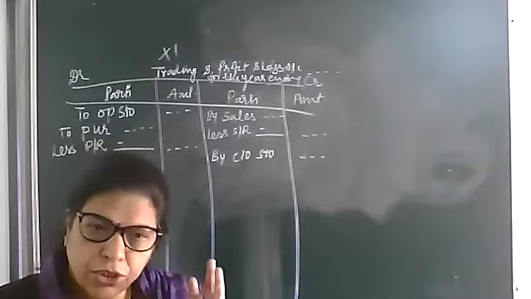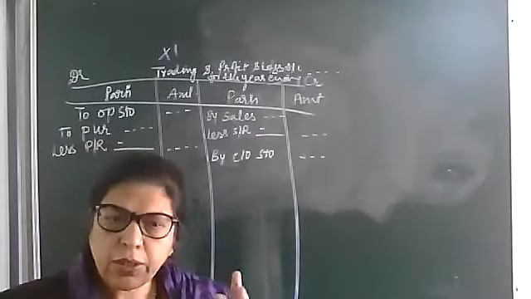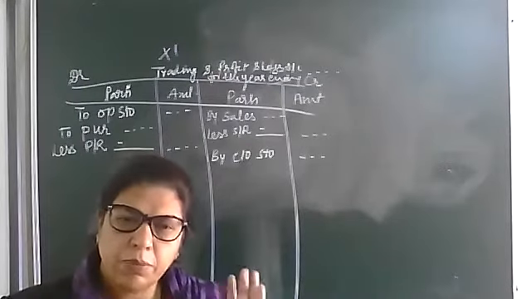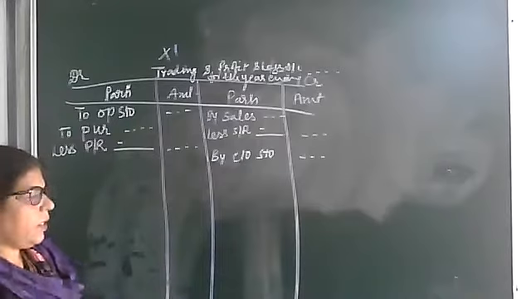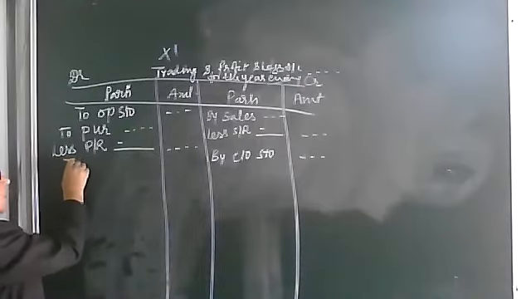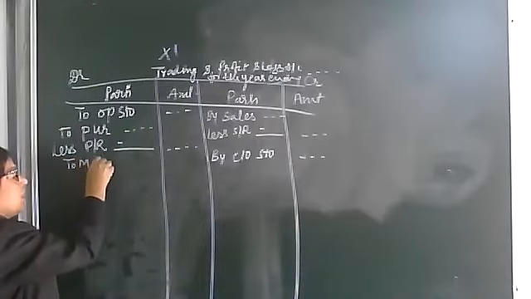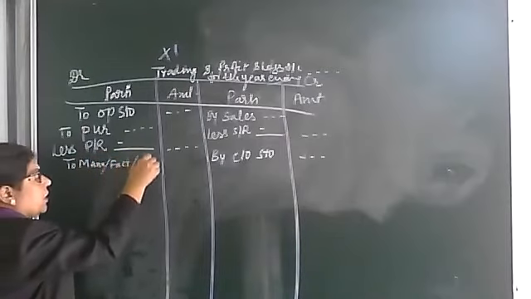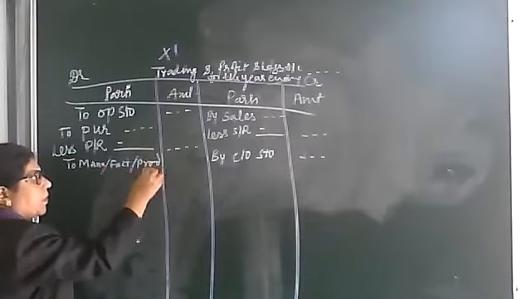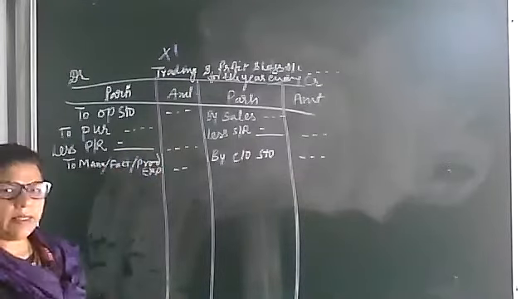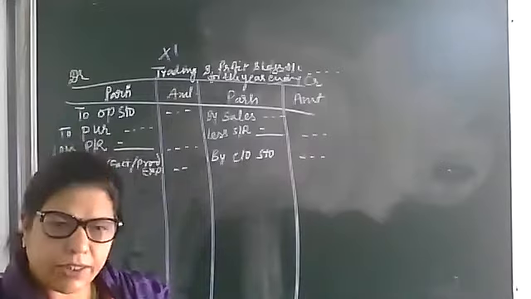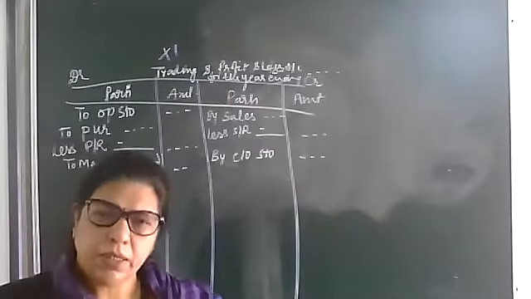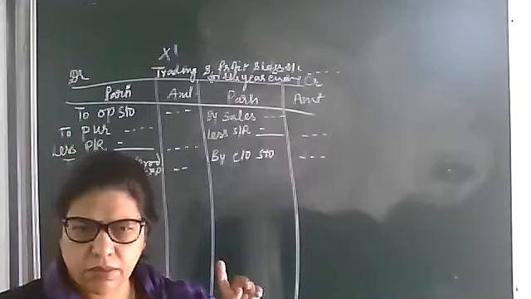Only manufacturing, production or factory related expenses will be entered here. So that's why you will write manufacturing, factory or production expenses like factory light, factory electricity, factory maintenance will be entered here.